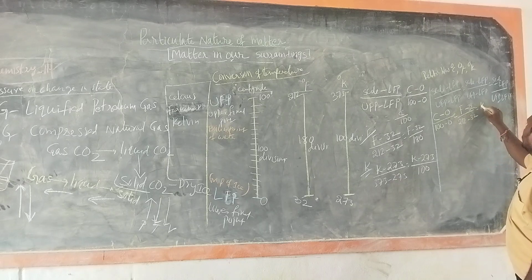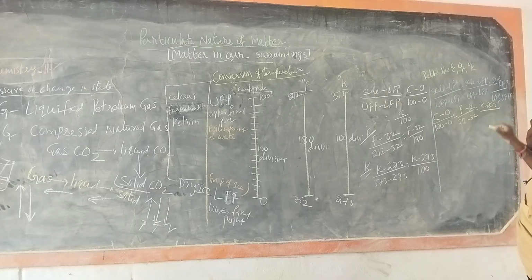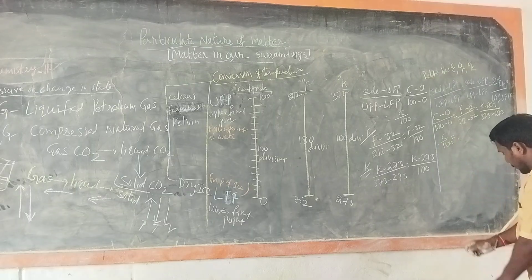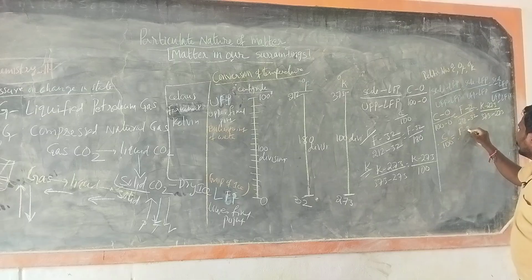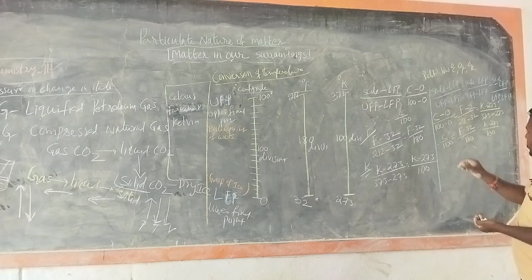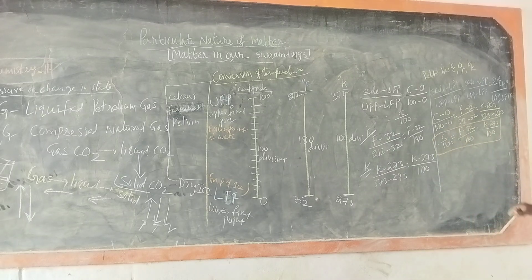That is equal to Kelvin, K minus 273 by 373 minus 273. That is, C by 100 is equal to F minus 32 by 180, that is equal to K minus 273 by 100. So this is the relation between degree Celsius, Fahrenheit and Kelvin.